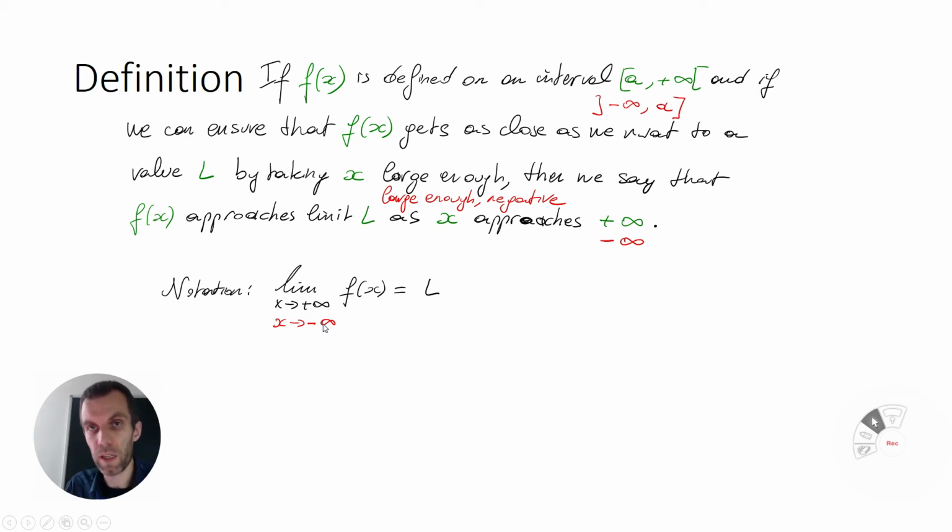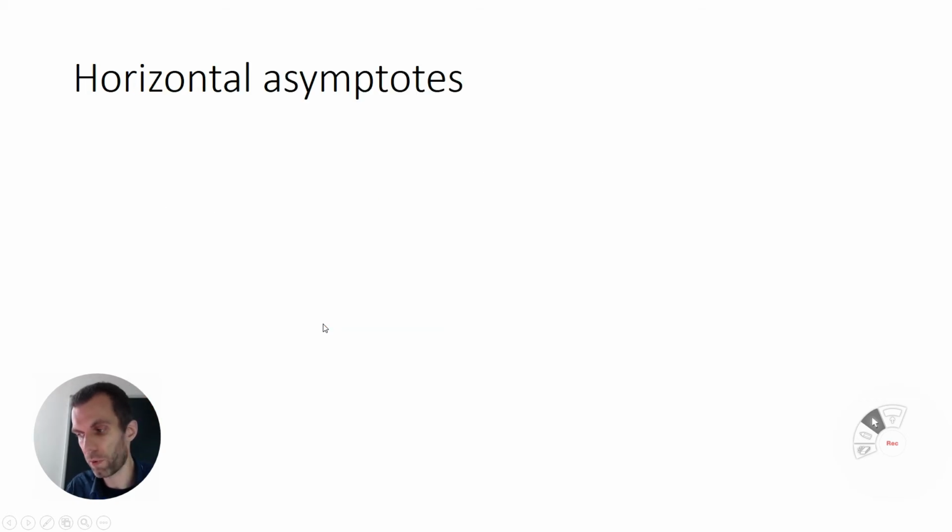So with that in mind, we already briefly touched upon horizontal asymptotes. Vertical asymptotes were the lines that attracted the function in the vertical direction. Horizontal asymptotes are the lines that the function tends to in the horizontal direction.